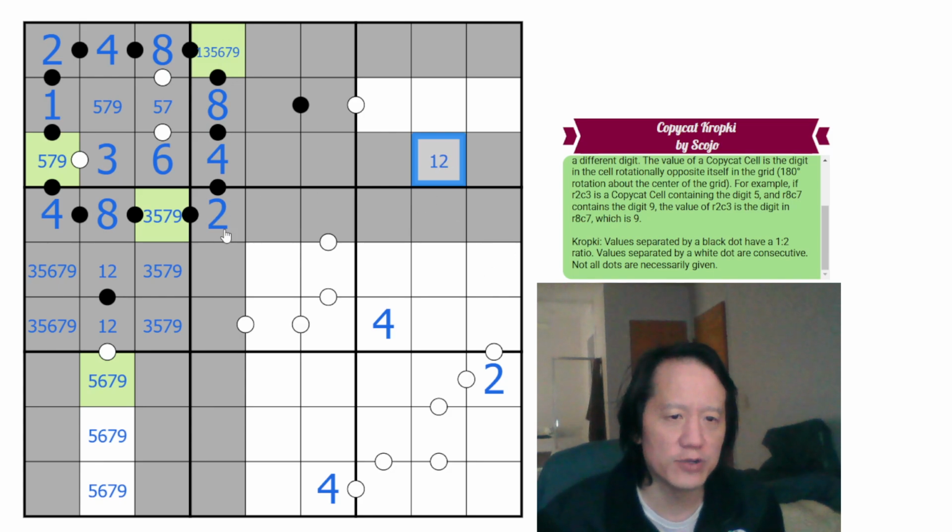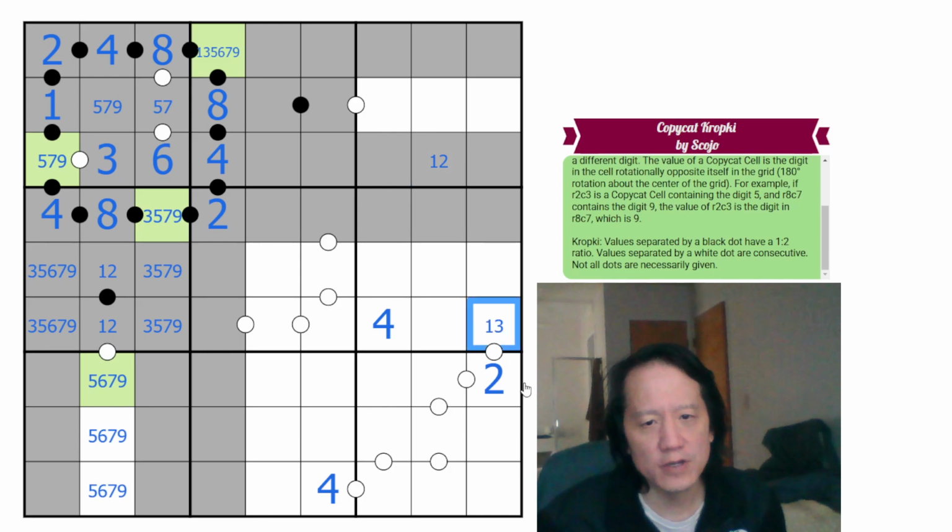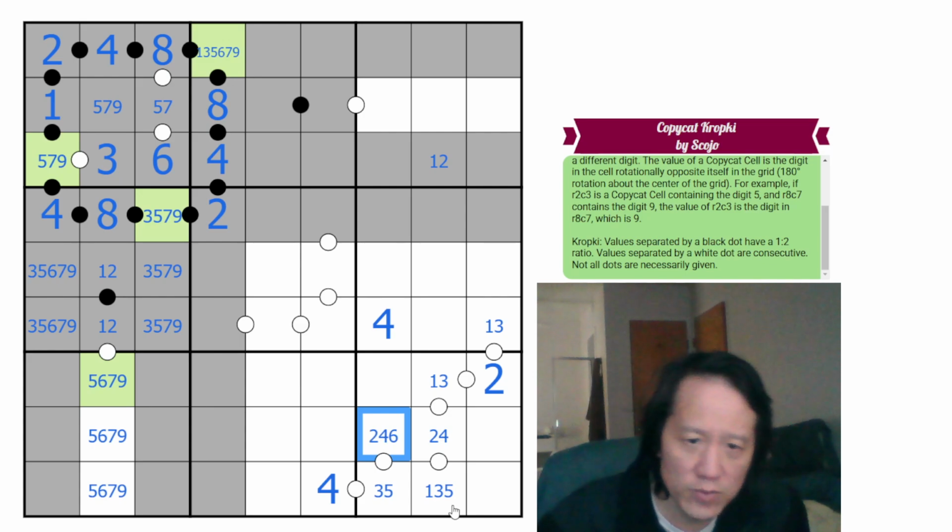It cannot be 3, therefore it's 1 or 2. This is 1 or 3 in value. This is 1 or 3 in value, which means this is 2 and 4 in value, which means this is 1, 3, or 5 in value. This is 3 or 5 in value, so this is 2, 4, or 6 in value.